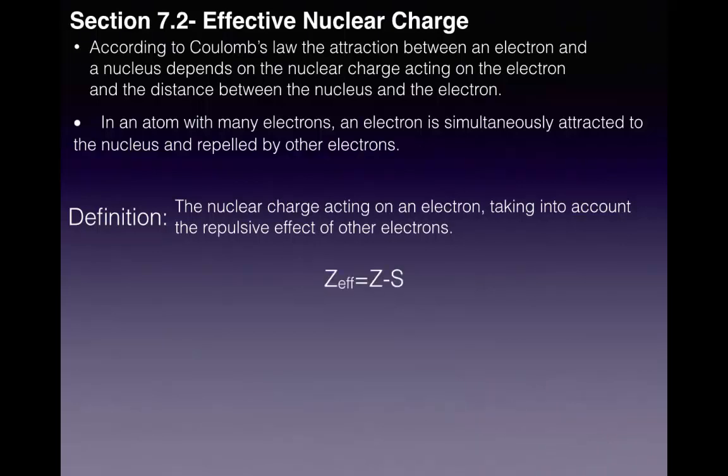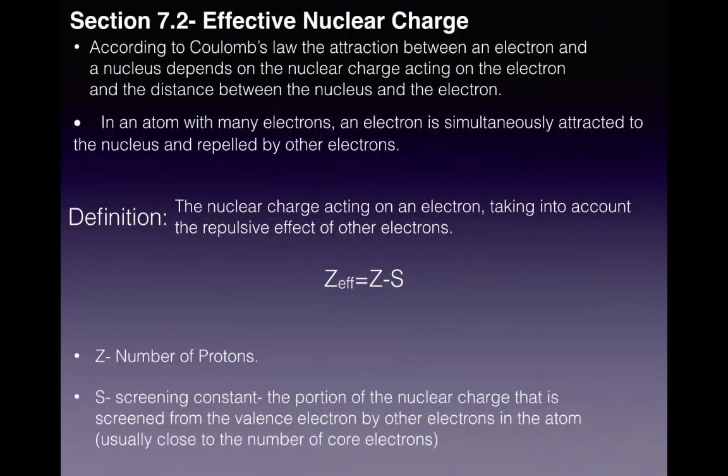So this right here is how we actually calculate the effective nuclear charge. It is Z effective equals Z minus S. So let's define these variables. Z is the number of protons, and S is your screening constant.